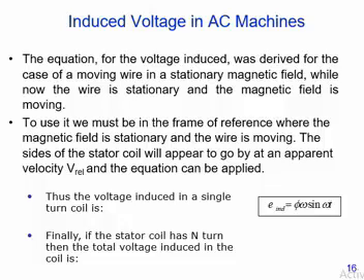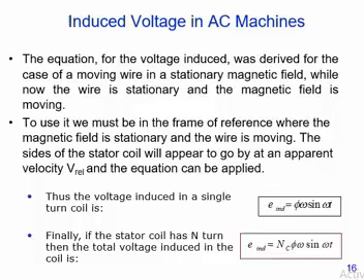As written over here, if the stator coil has N turns, then the total voltage induced would be Nc into phi omega sin omega t, where Nc represents the number of turns in a coil.